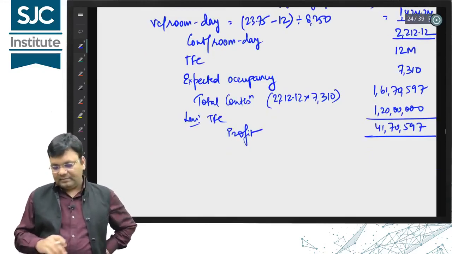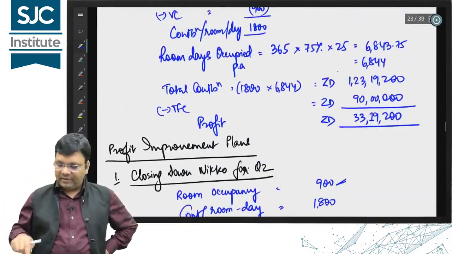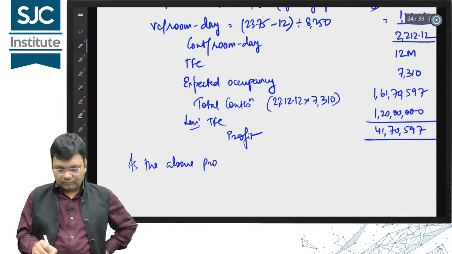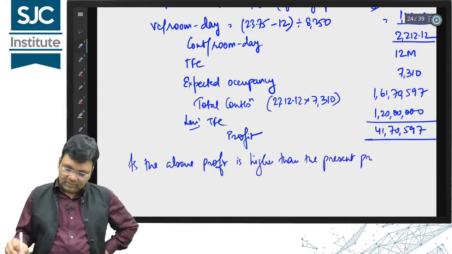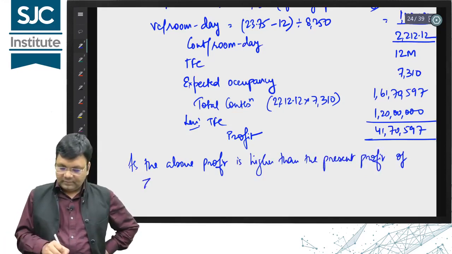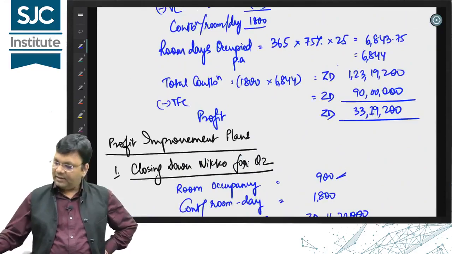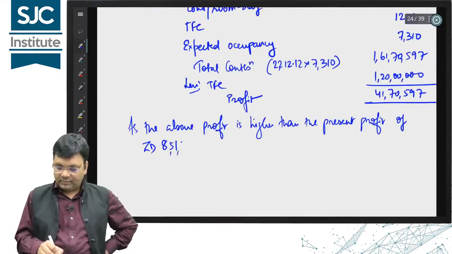So this profit is much higher than even the present profitability, which is 33,19,200. As the above profit is higher than the present profit, please check the difference. If you subtract, it's coming 851,397.